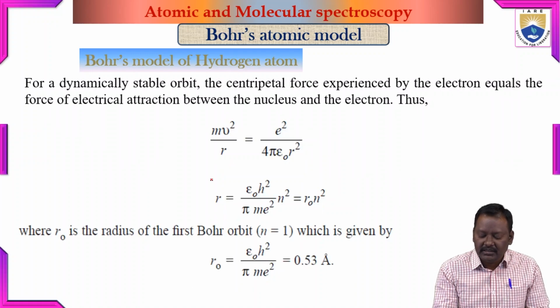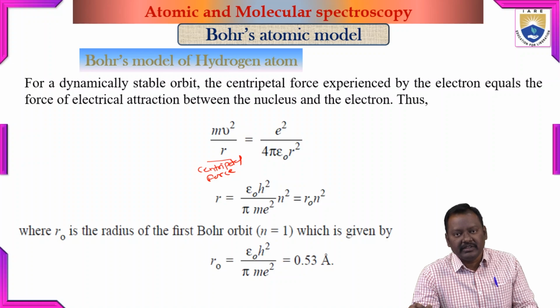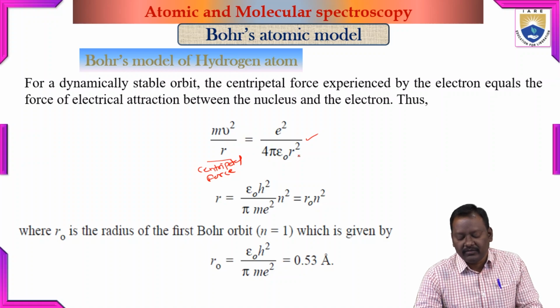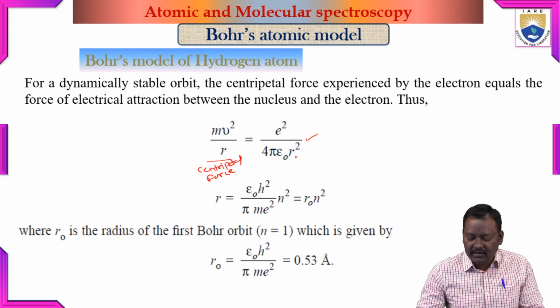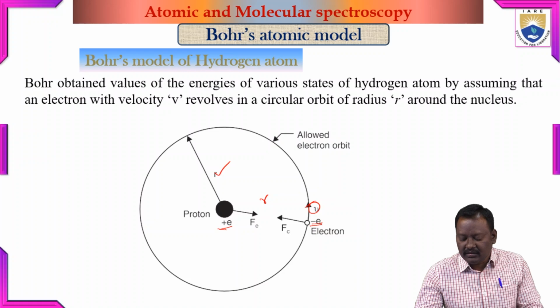The centripetal force on the electron is mv square by r, if the electron is moving with velocity v and r is the radius of the orbit. This must be equal to the Coulomb attractive force, as there is a positive charge at the center and a negative charge in the orbit at a distance r.